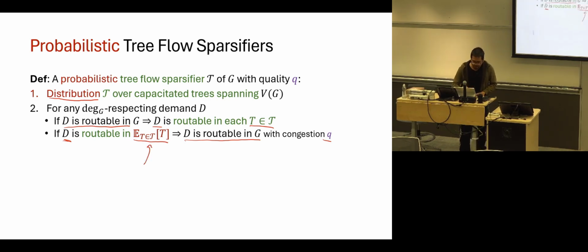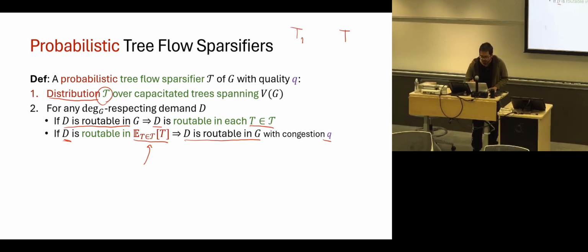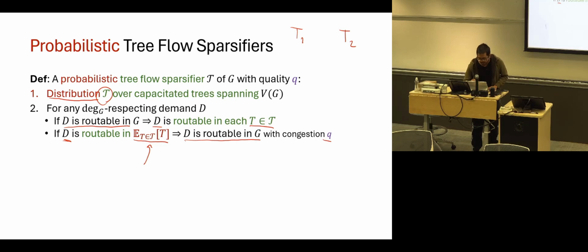Imagine that in my distribution, let's say that I have T1 and T2, and maybe I put a probability 0.1 and 0.9 here. Then this average of the trees in the distribution would be just T1 scaled down by this factor, union with T2 scaled down by this factor.